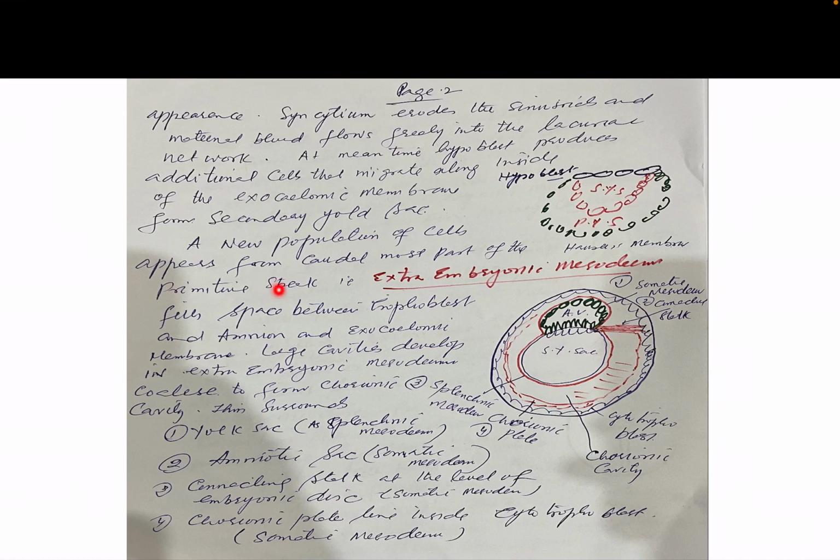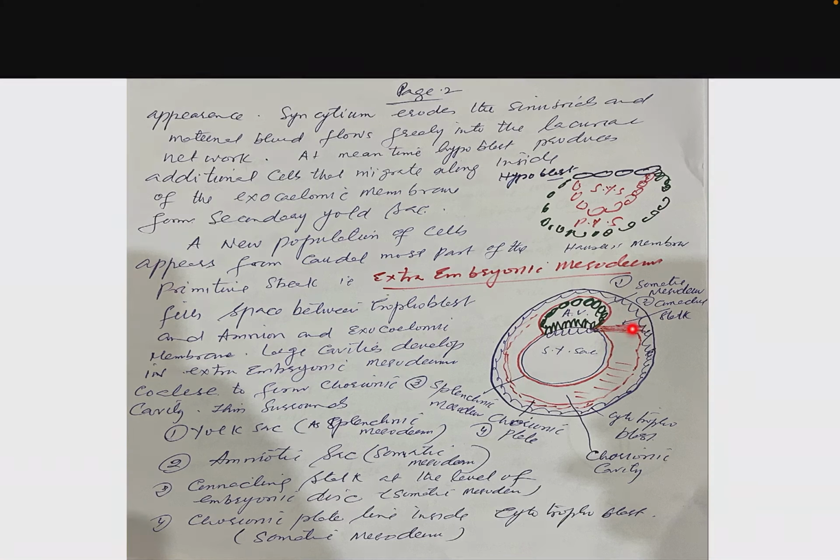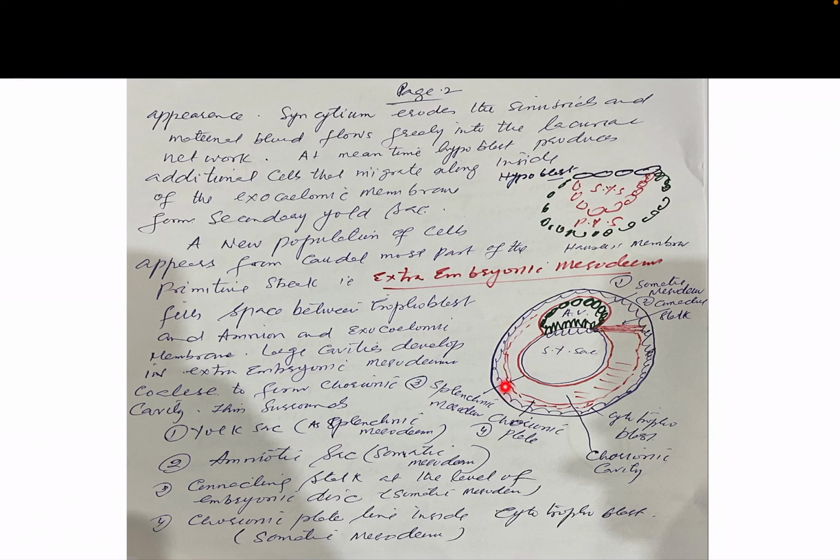A new population of cells appears from the caudal-most part of the primitive streak: the extraembryonic mesoderm. At this time a space is created by the shortening of the yolk sac, which previously was so large and occupied the whole of the blastocyst cavity. Now when it becomes shorter by the development of the secondary membrane, you can see that a space is created.